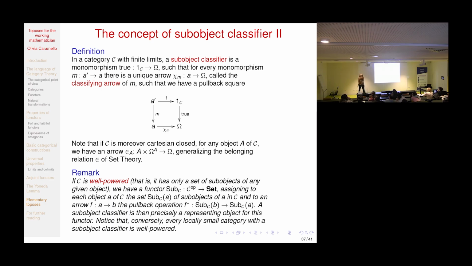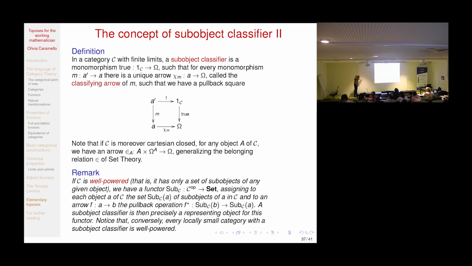So what you do is really to consider the categorical pullback. A, B, this is F, and if you have your subobject here, M, by considering the pullback, actually here you just have to realize that when you pull back a monomorphism, you still get a monomorphism.